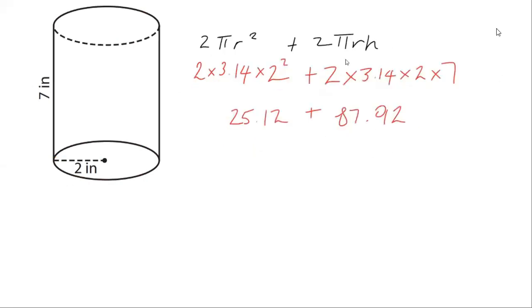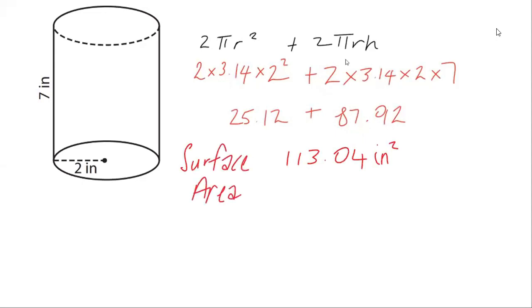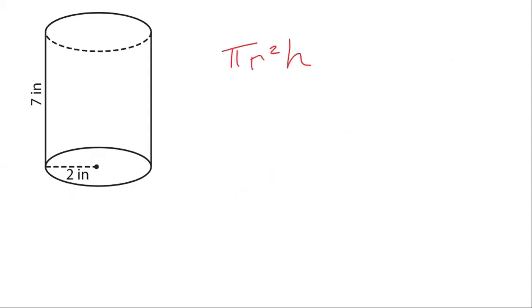So the final answer is 113.04, and this is the surface area, so we need squared units, all right? Inches squared, and it's always good to label it, so you can write surface area equals that.